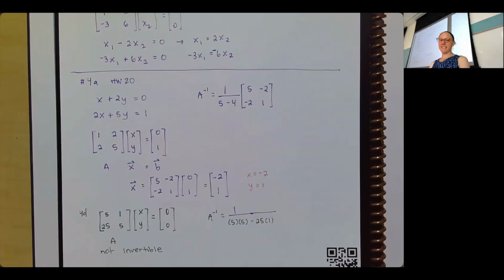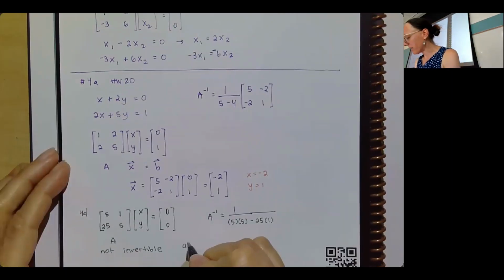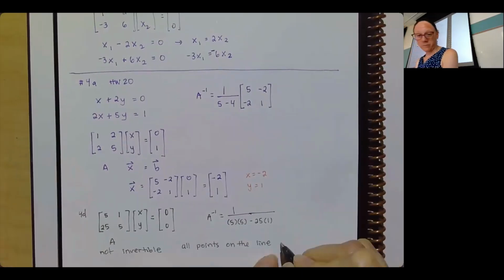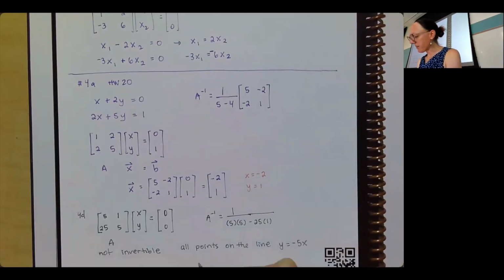So if I have the same line, then in order to express all solutions to that equation, I can say all points on the line y equals -5x are solutions.